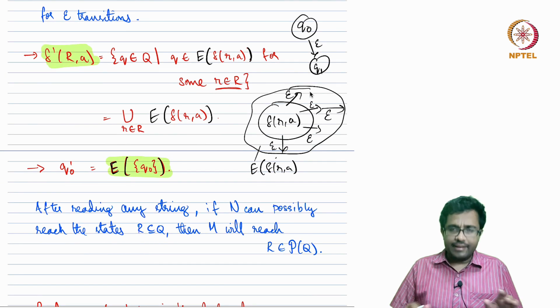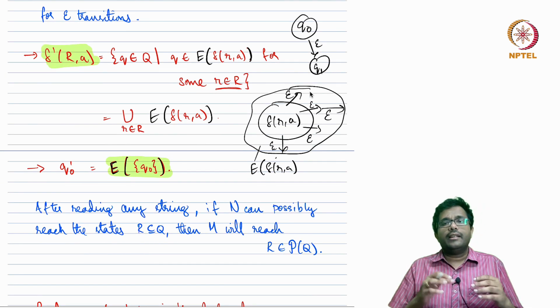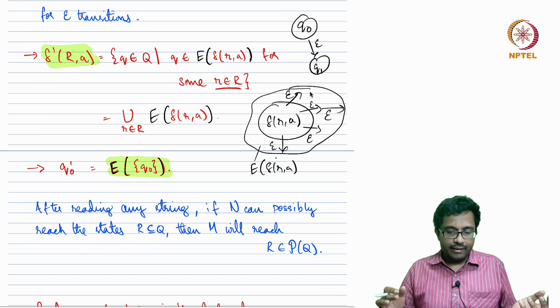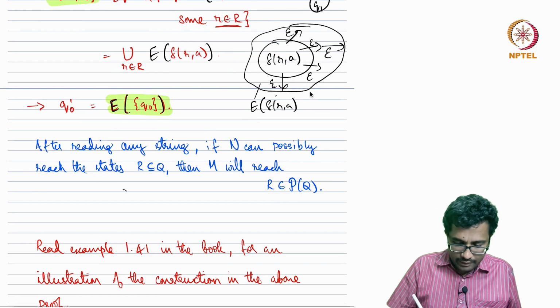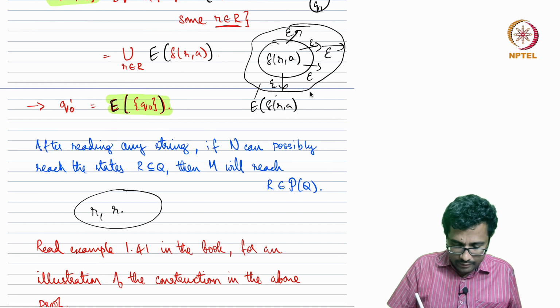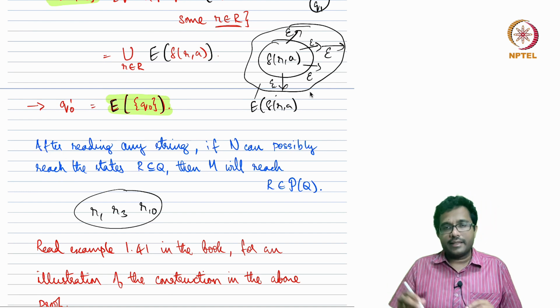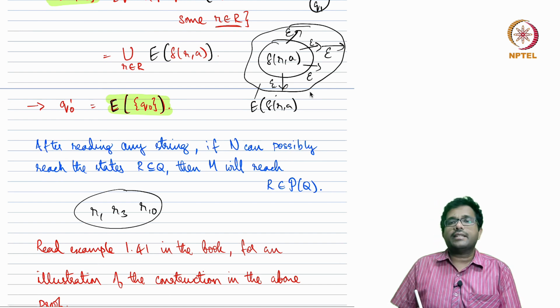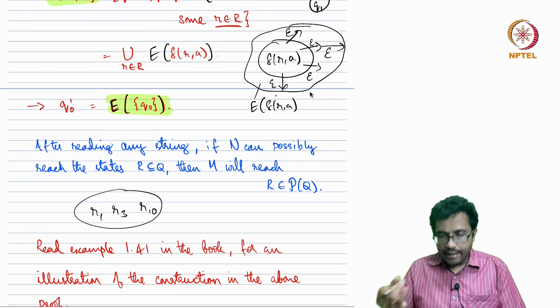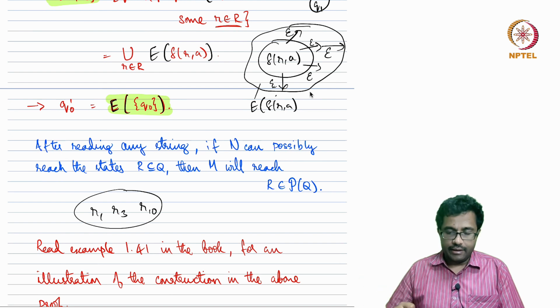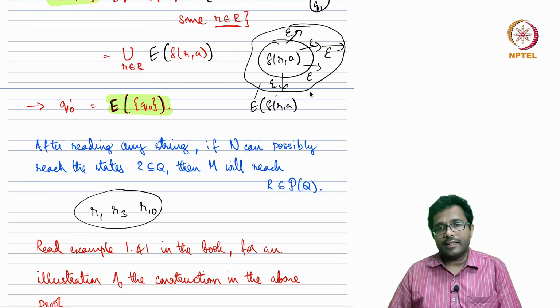So the correctness is fairly straightforward. If you read any string and the DFA reaches the state {R1, R3, R10}, this means that the NFA, after reading the same string, can reach exactly these three possible states: R1, or R3, or R10.